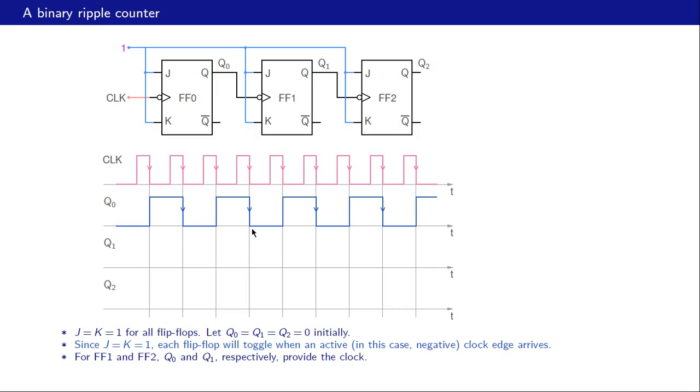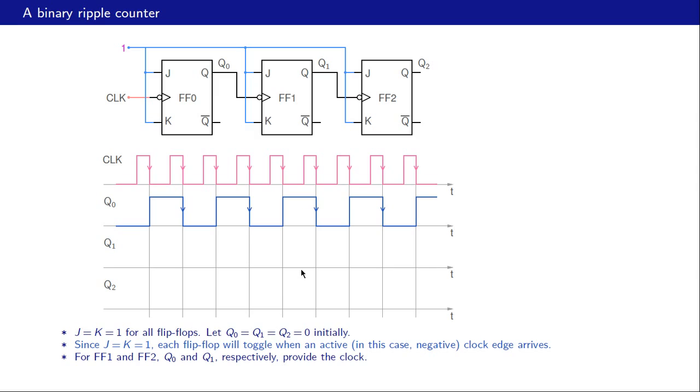What about Q1? For Q1, this Q0 acts as the clock. So now we are looking for a negative edge in the Q0 waveform, and those edges are marked here. So therefore, Q1 is 0 to begin with, is going to toggle at this time, going to toggle again over there, and so on.